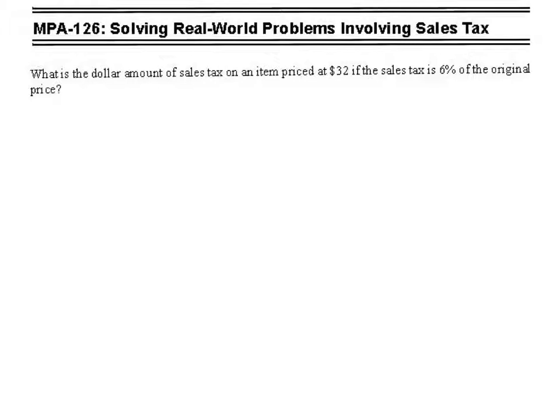Well, you don't get much more real world than this. Problems involving sales tax. What is the dollar amount of the sales tax on an item priced at $32 if the sales tax is 6% of the original price?